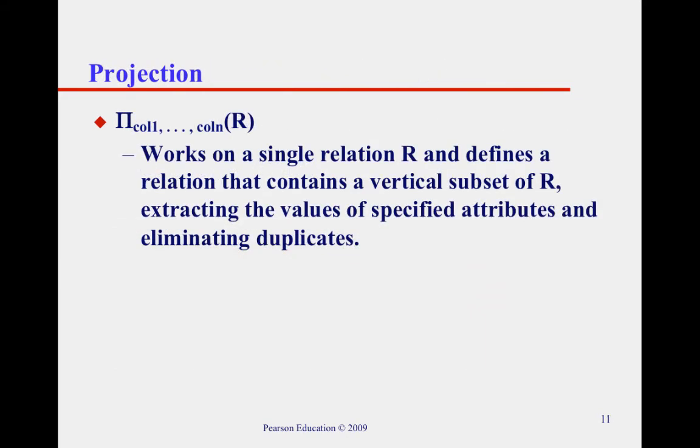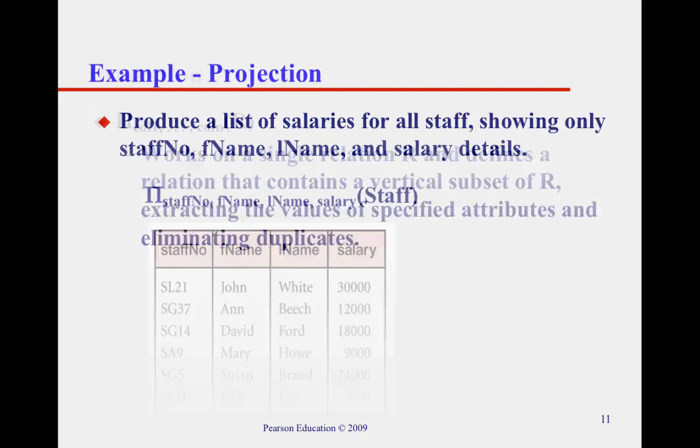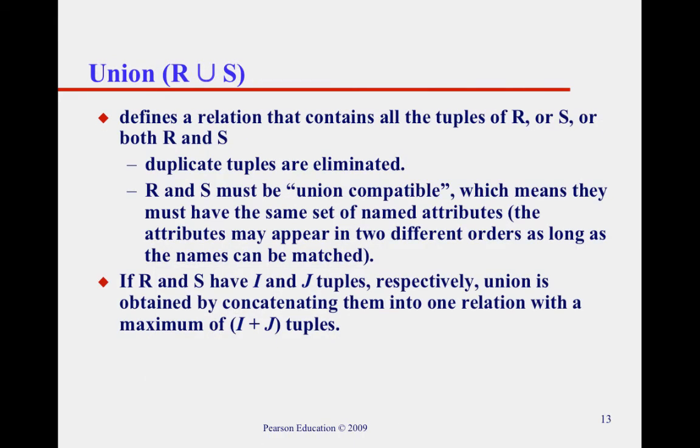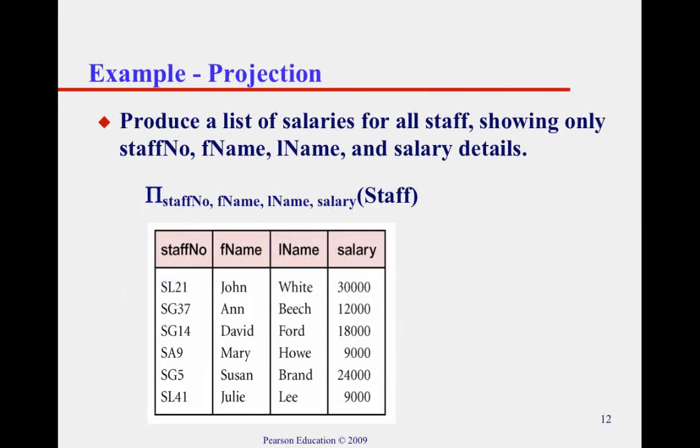Okay, projection uses a capital Pi, and then in subscript a set of columns that you want. So for example, here we want to list the staff number, first name, last name, and salary from staff. Okay, pretty simple. And then you can combine them.